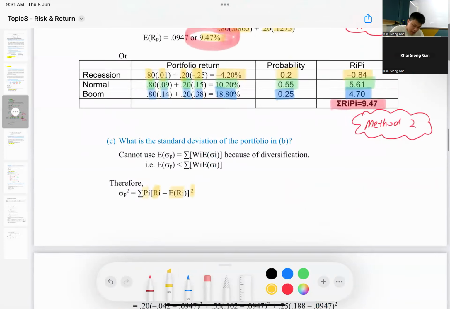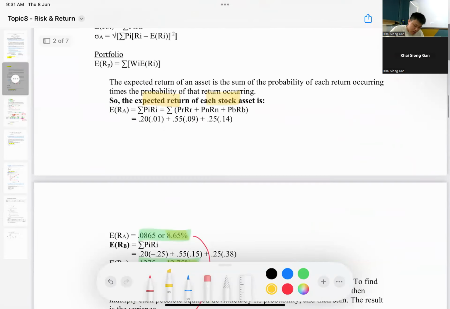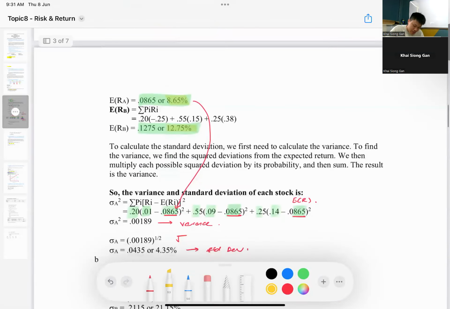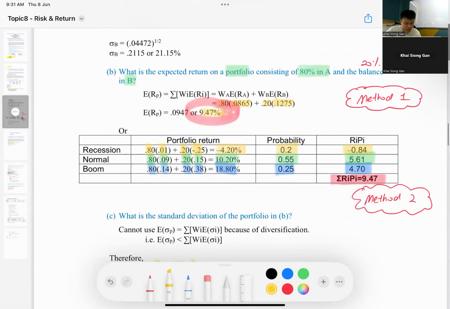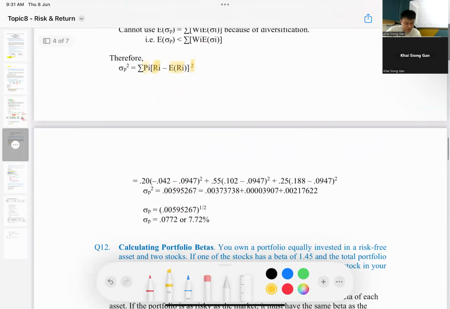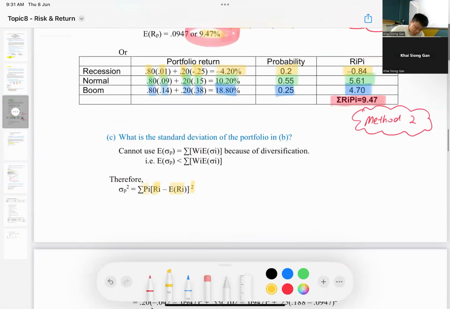Okay, so we look into individual return. First of all, when we look into this return, I will get from these figures. So this is why if you put into a table, it will be easier for you because you can get more information over here.